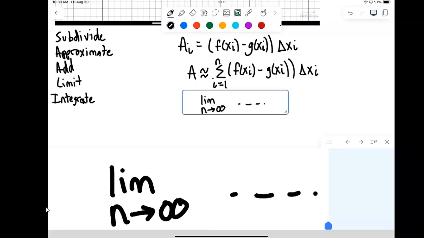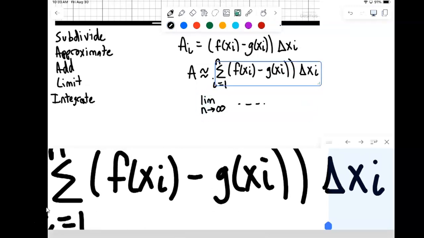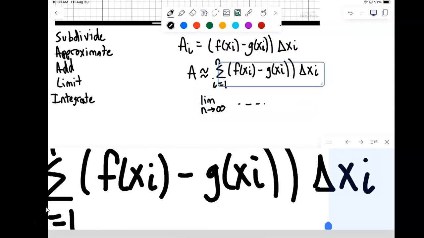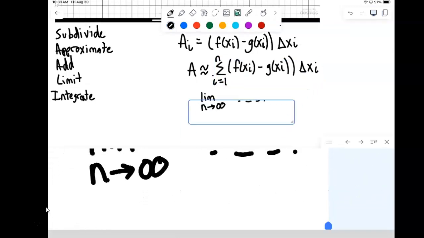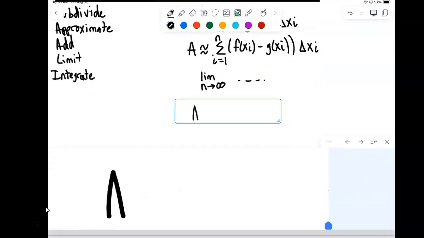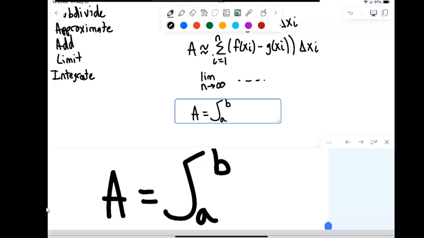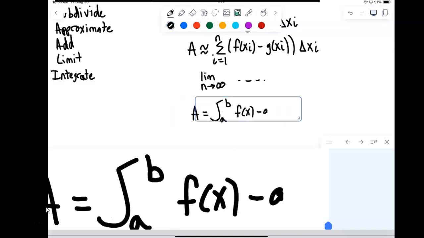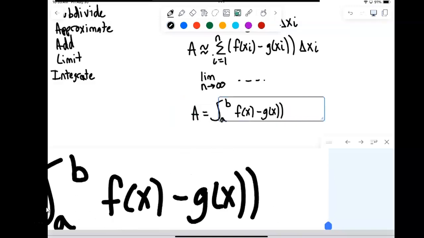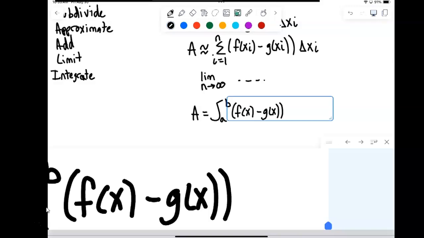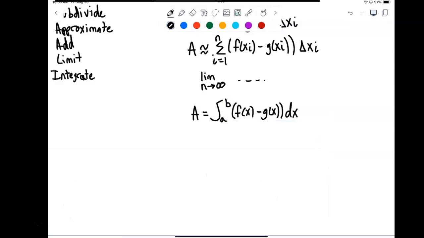And I'm not going to write it all down again. But when I take the limit, the x i's become just x's, and we have that the area will be the integral from a to b of f of x minus g of x, and then the delta x becomes dx.